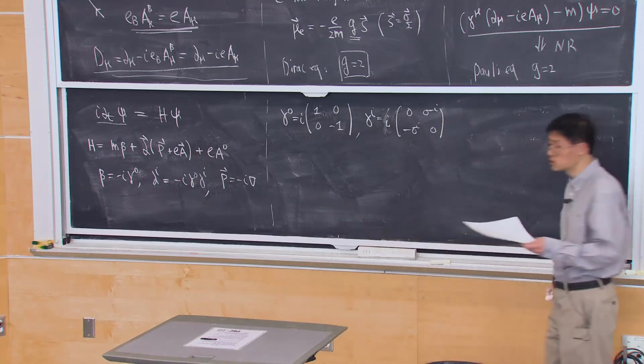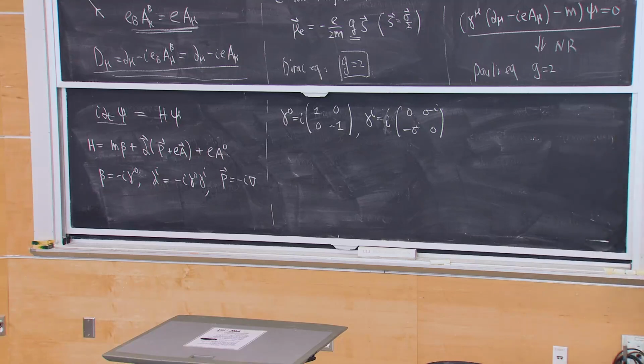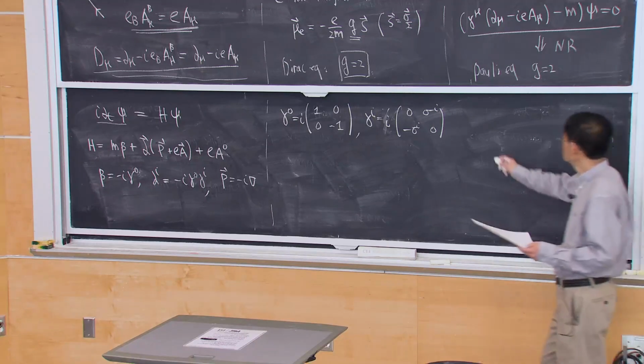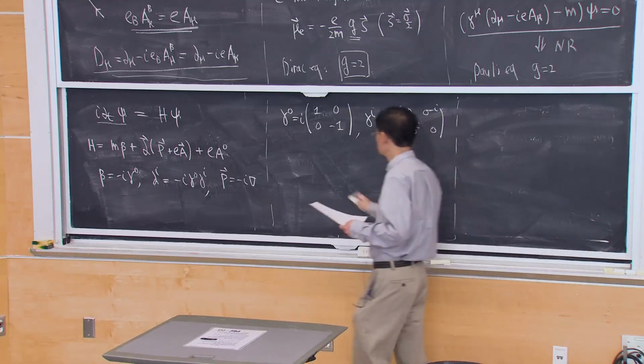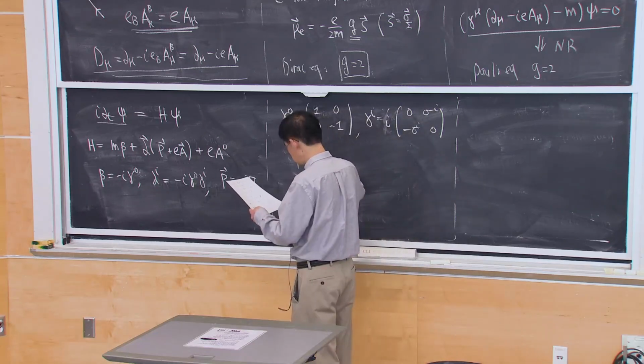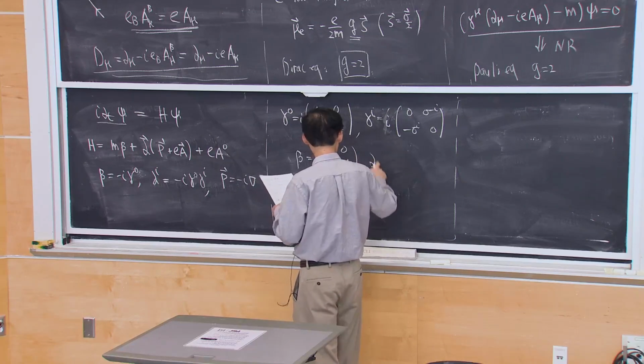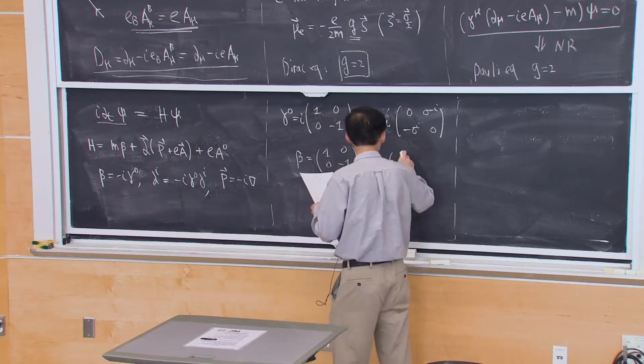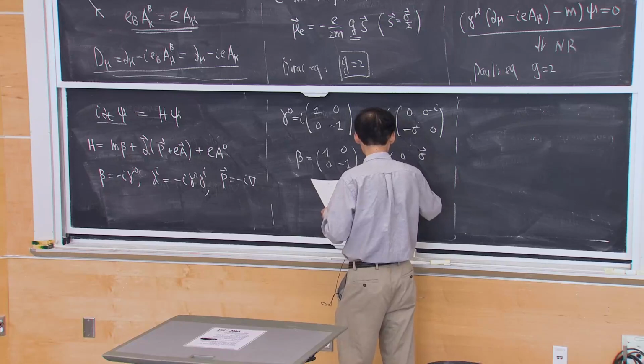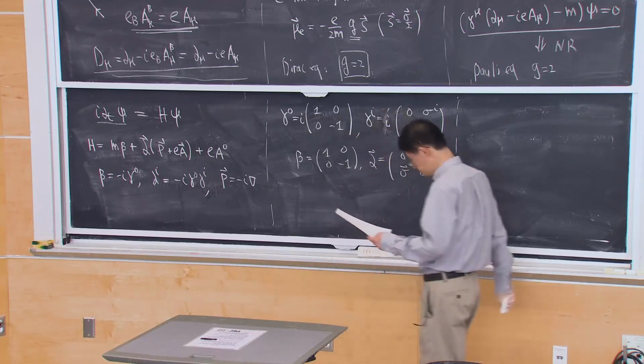Again, 1 is always the 2 by 2 identity matrix. So from here, you find that beta is just 1, 0, 0, minus 1, and alpha becomes 0, sigma, sigma, 0.